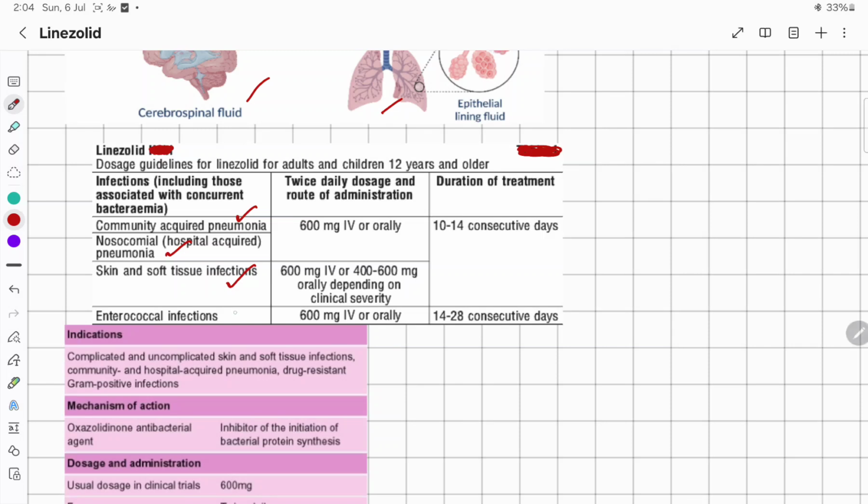Then it is effective against enterococcal infections. Besides that, it can also be used in drug-resistant gram-positive infections and vancomycin-resistant infections. The usual dose is 600 mg twice daily. It can be used orally or intravenously for 10 to 14 days. For enterococcal infections, it may be prolonged to 14 to 28 days.